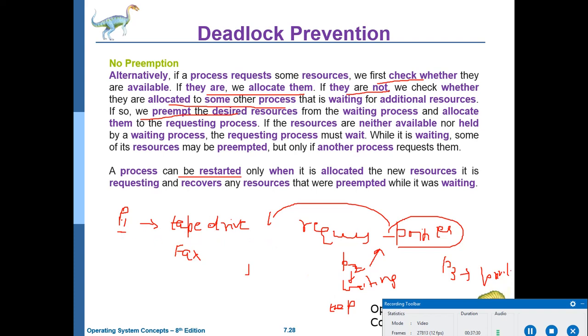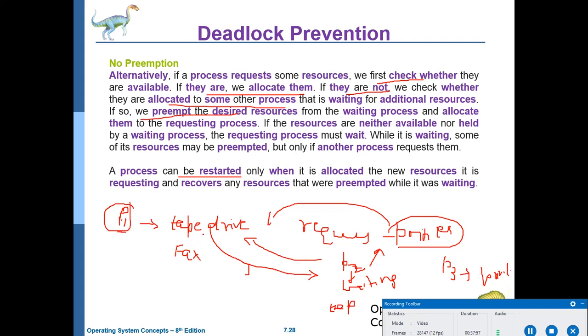So what may happen? The tape drive can be preempted from process P1 and given to process P2, so process P2 can finish. Now process P1 is in a waiting state. Process P1 will restart again only when it gets its tape drive back and the printer.